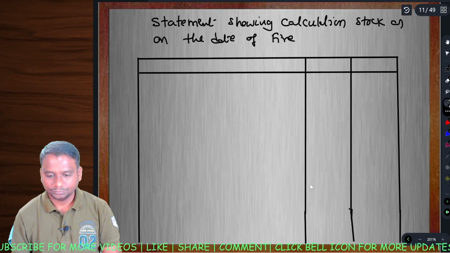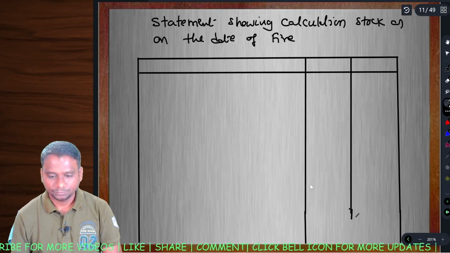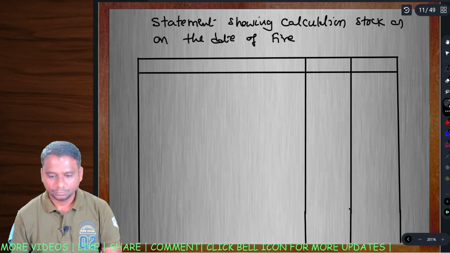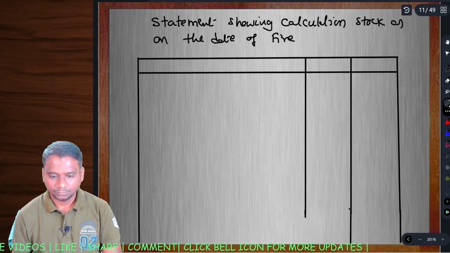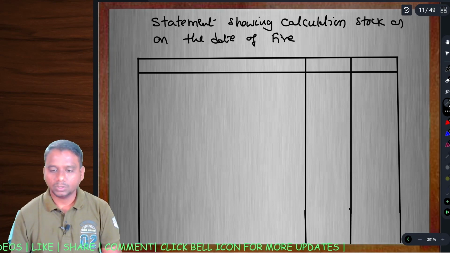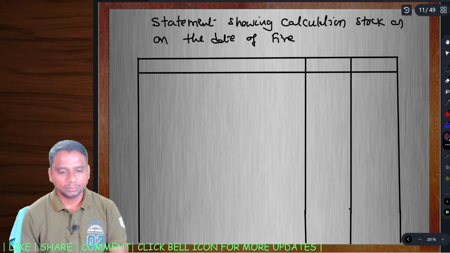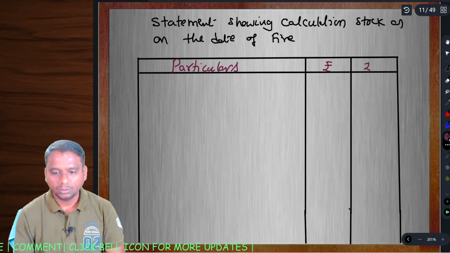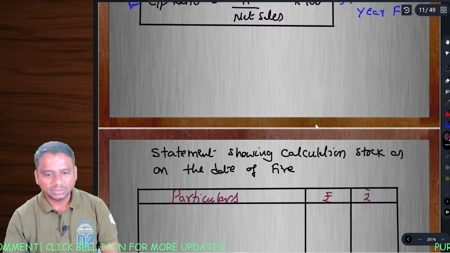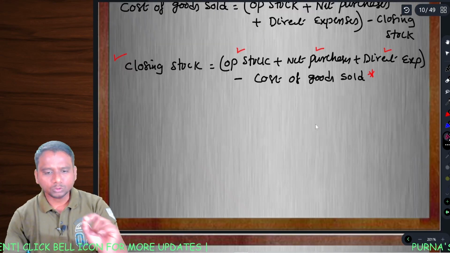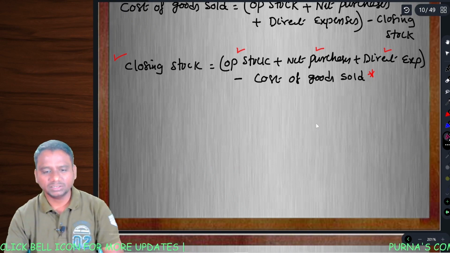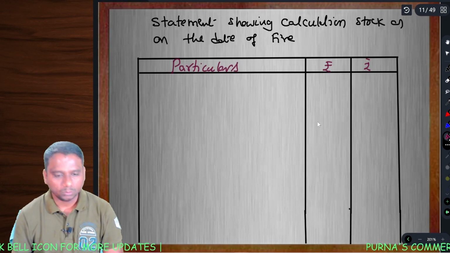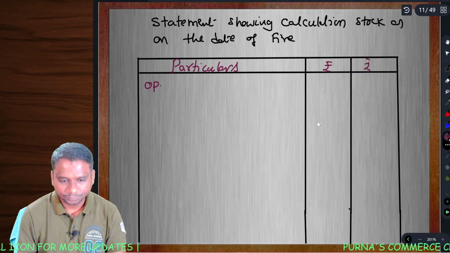How do we convert? Now look at it. Particulars, amount. First, what is there in the formula? Opening stock plus net purchases plus direct expenses. Now write down first opening stock.